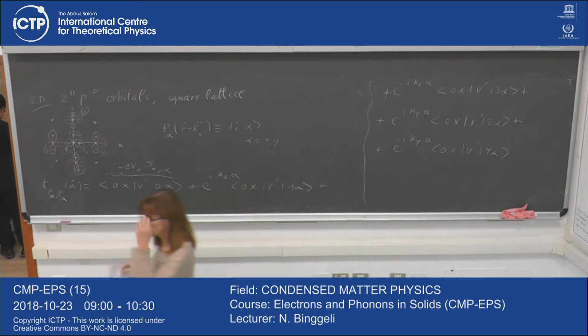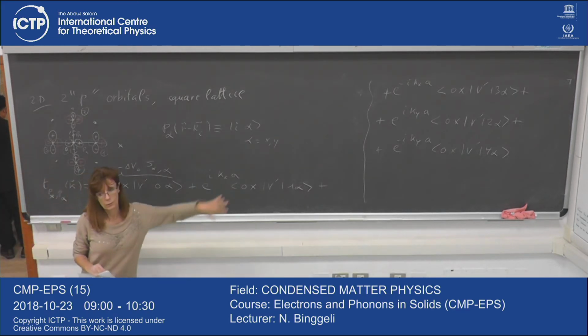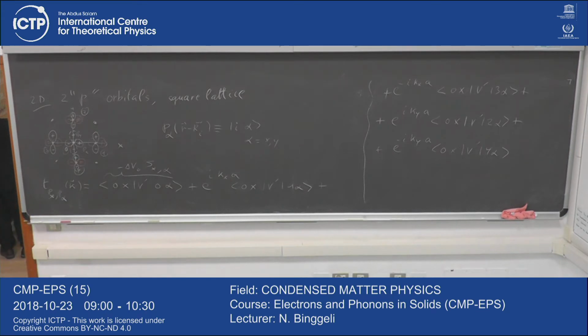Okay, so this is just the sum over the lattice vectors for R equal to 0 on the first nearest neighbor. In general, if I consider the atomic orbital px and as the other tight binding orbital the orbital p alpha, where alpha can be either x or y.